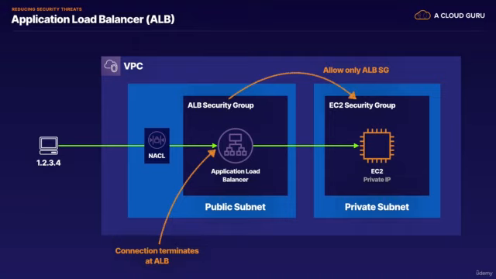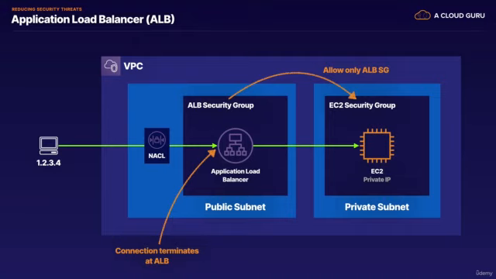One additional measure that you could take is to allow only the ALB's security group access to the EC2 security group. However, this won't completely block traffic to the ALB originating from that bad actor 1.2.3.4. We still have to use a NACL in this case. Just keep in mind, when using an ALB, the connection from that bad actor is going to terminate at the ALB, not at the EC2 instance.